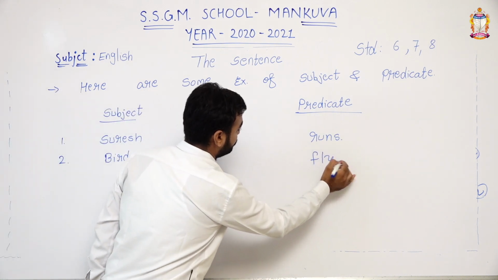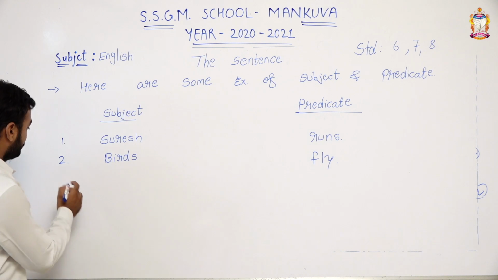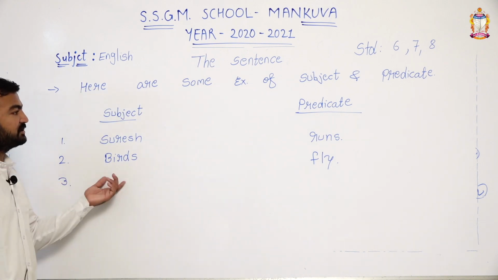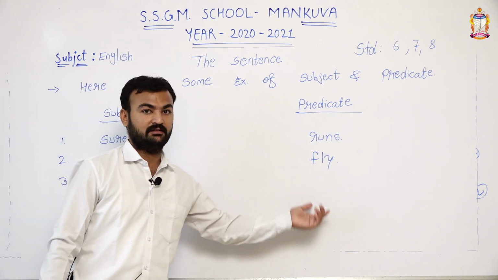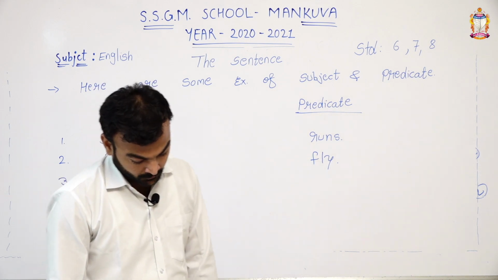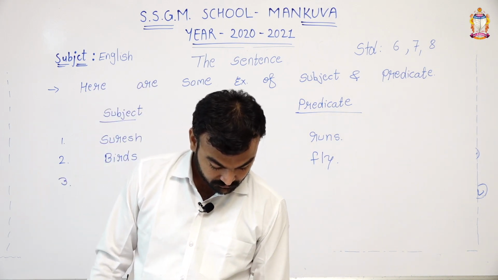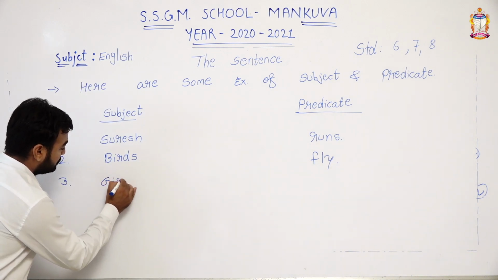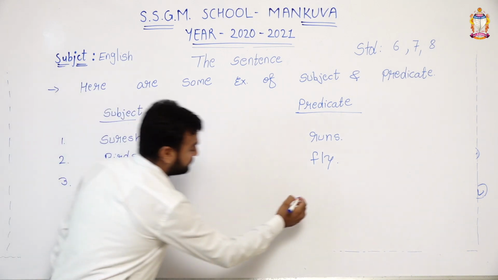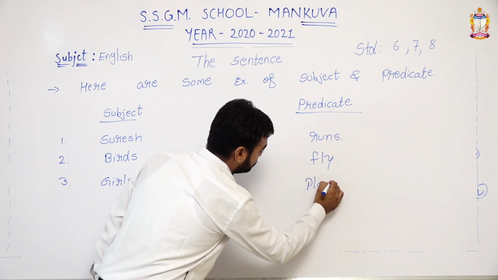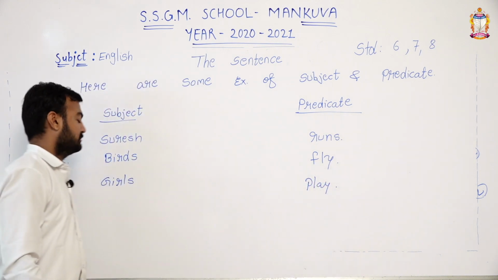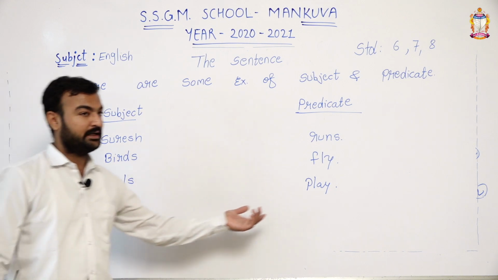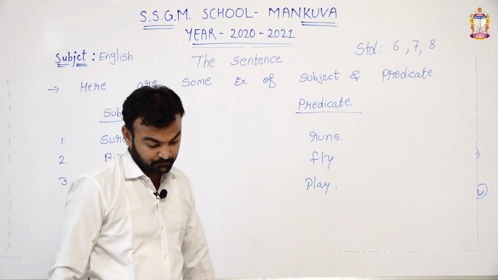Birds is a subject and fly is a predicate. Number 3, girls play. Girls is a subject and play is a predicate.